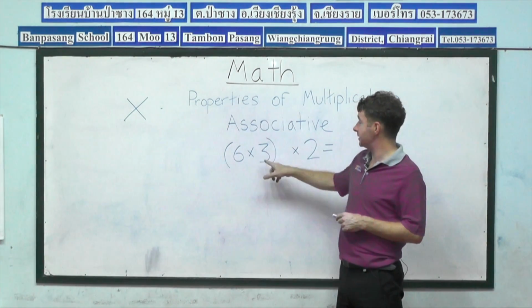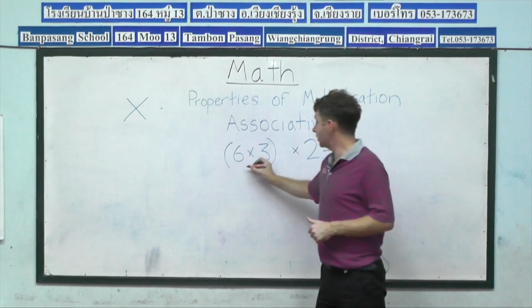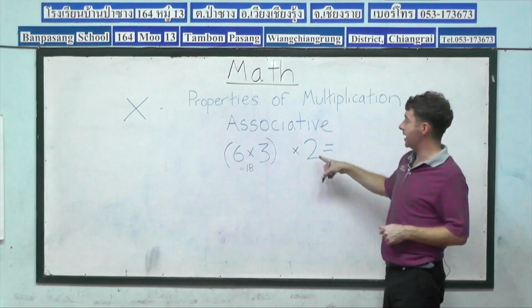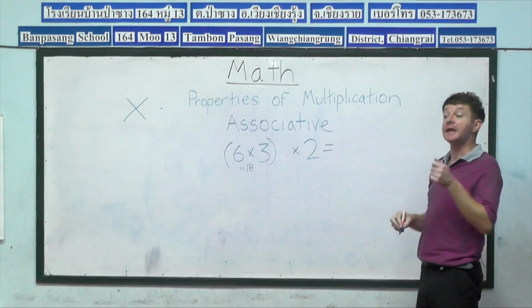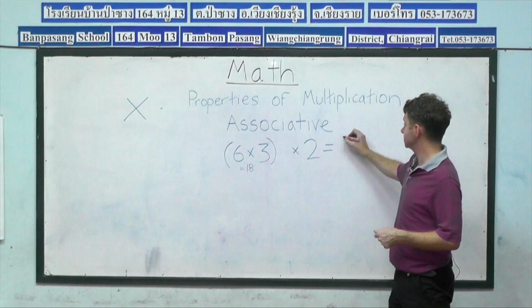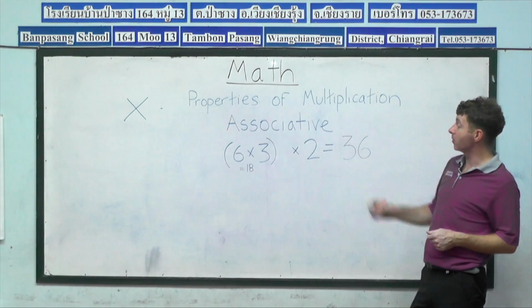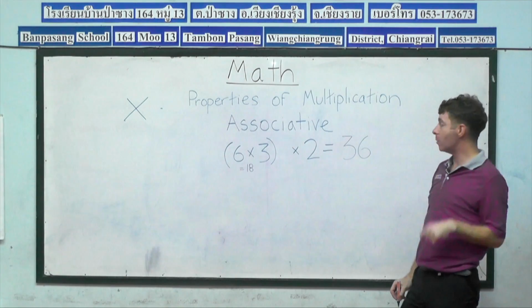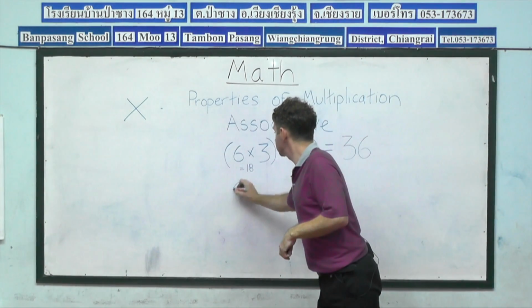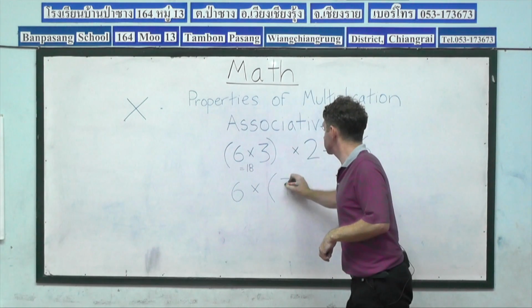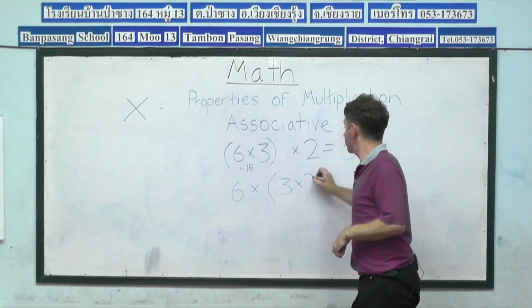So 6 times 3 equals 18. 18 times 2 equals 36. So you see, that's one way to work out our multiplication problem. But how about if we have 6 times, then open the brackets, 3 times 2.